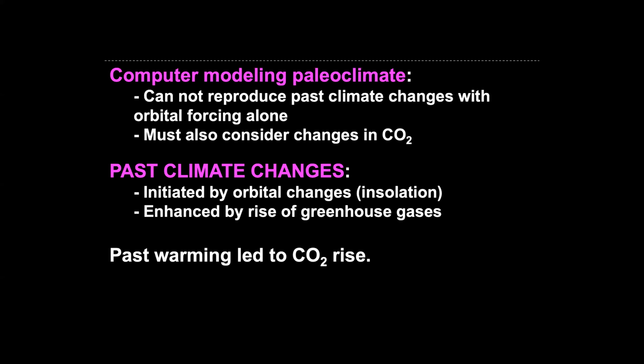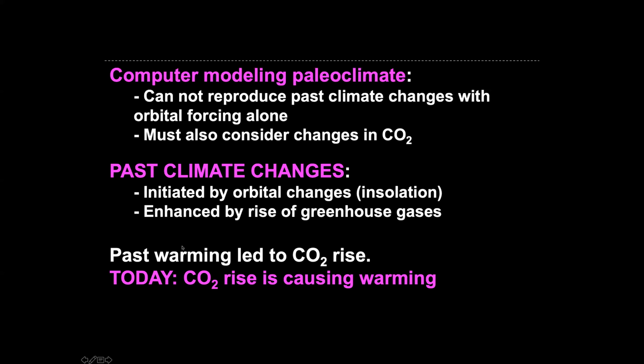Past warming led to CO2 rises, and today CO2 rises are causing warming. So this line right here is the idea that humans are leading to a significant change in the makeup of the atmosphere, and that change is leading to a bump up. Remember, we're making that blanket thicker, okay?